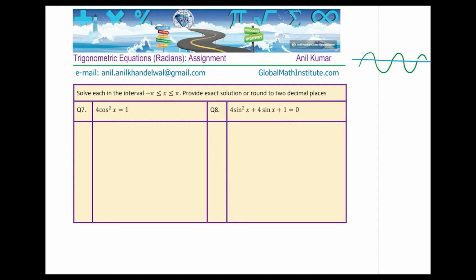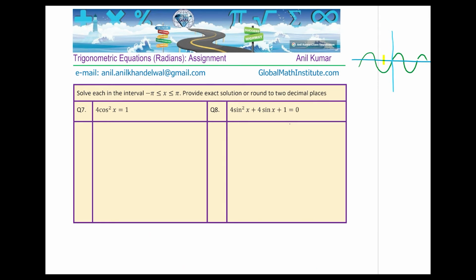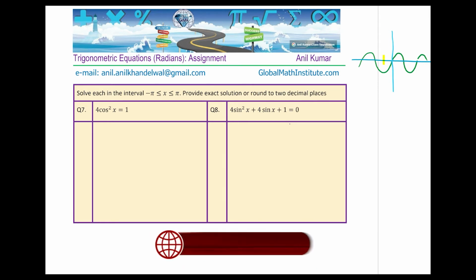So if it is a sine wave, we are interested in the interval not from 0 to 2 pi. You get the idea, correct? We are interested in minus pi to pi, so half of this to half of this. So that is the portion which we are interested in.